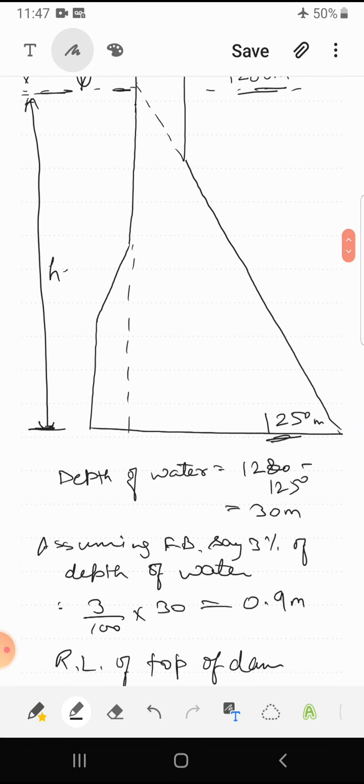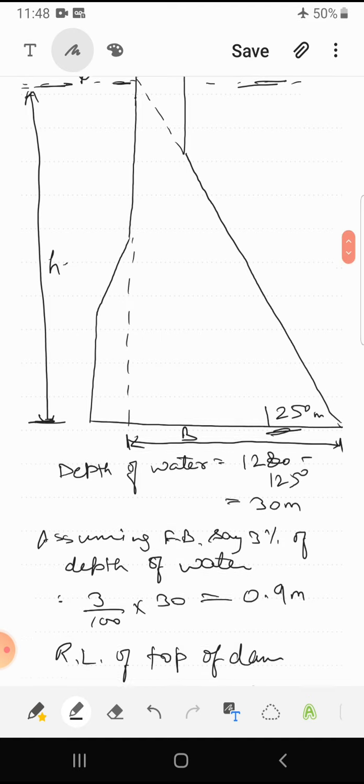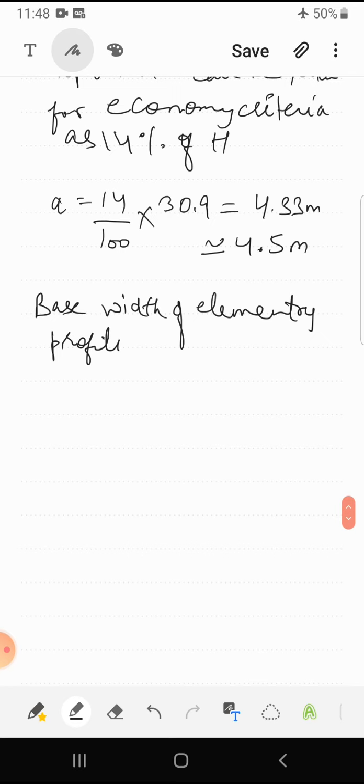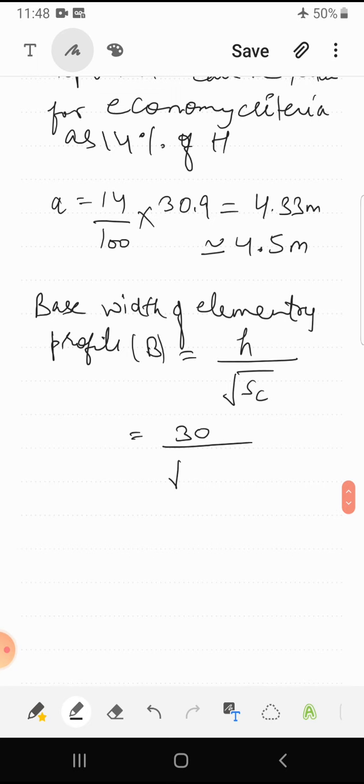Base width is from this point to this point, that is capital B. So B is equal to H upon under root SC. H is 30 meters and SC is 2.4. Now B is 19.36 meters.